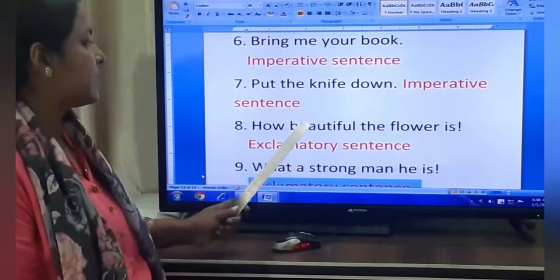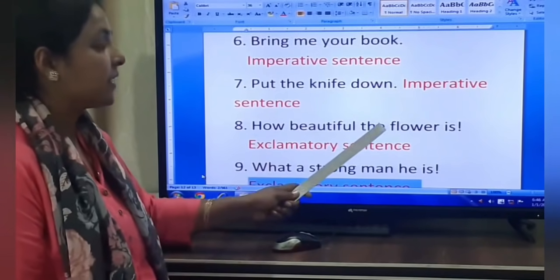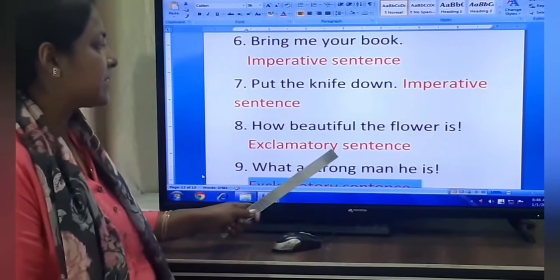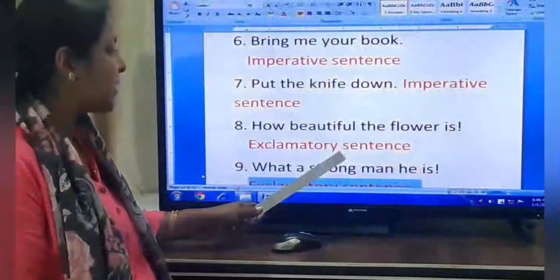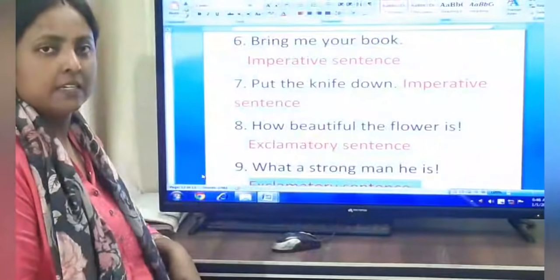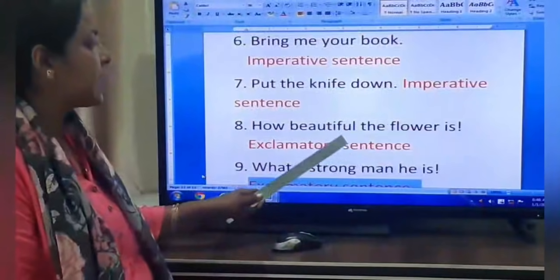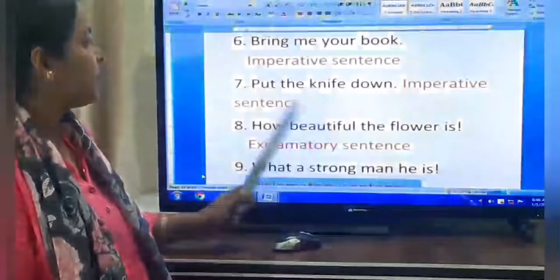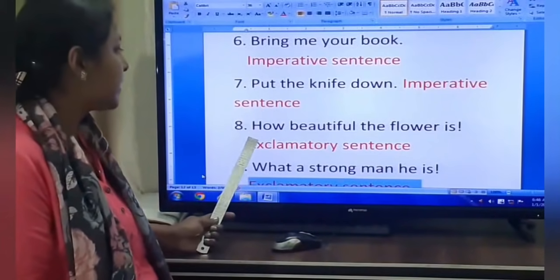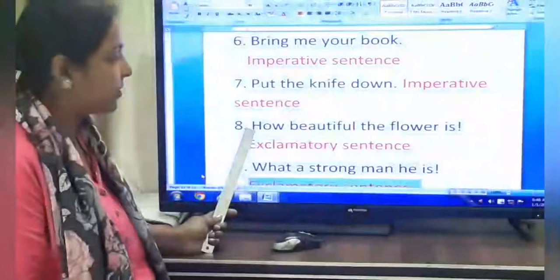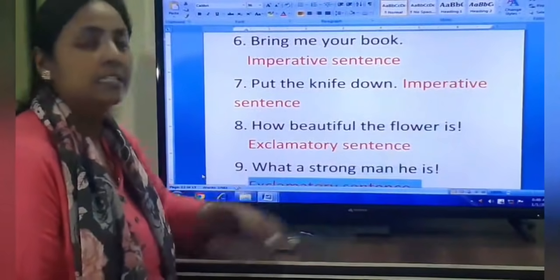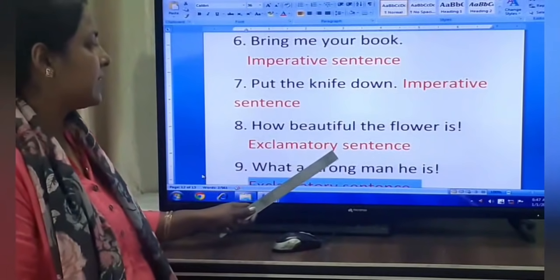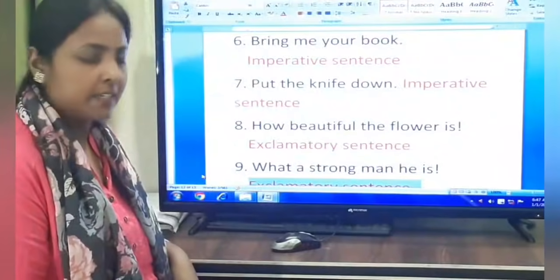The next sentence is, how beautiful the flower is! Which sentence is it? Exclamatory sentence. Why is this sentence an exclamatory sentence? The first thing, it starts with the capital letter H and ends with the exclamation mark. So this sentence is an exclamatory sentence.